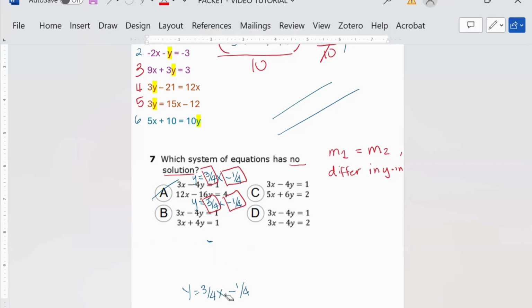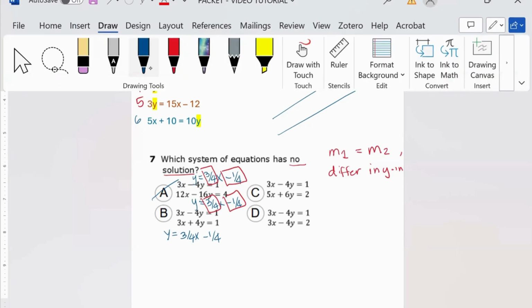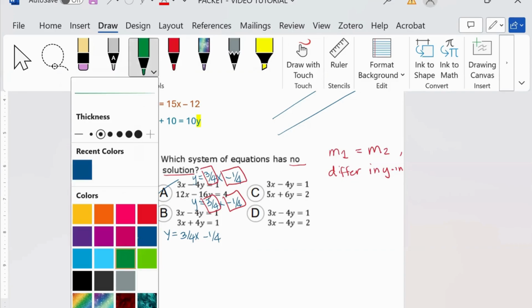The first equation there on top, letter B. Okay, let me write it here. y equals 3/4 x minus 1/4. Now let's do the B, the second equation. Let me change the color here. Okay.